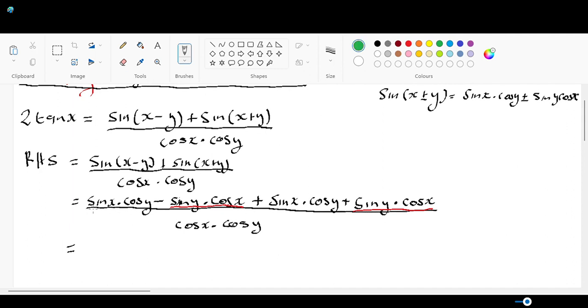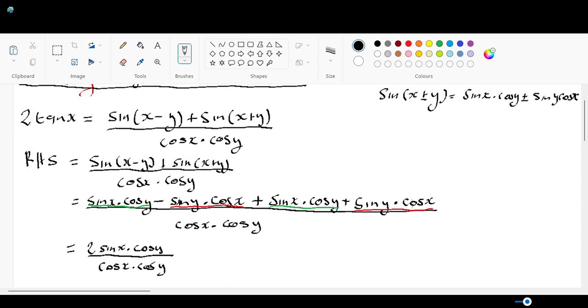You also have sine x multiplied by cos y plus sine x multiplied by cos y. So there are two of them. So when you write the answer on the numerator, it's going to be 2 sine x multiplied by cos y. Alright, and then this is going to be divided by cos x multiplied by cos y.